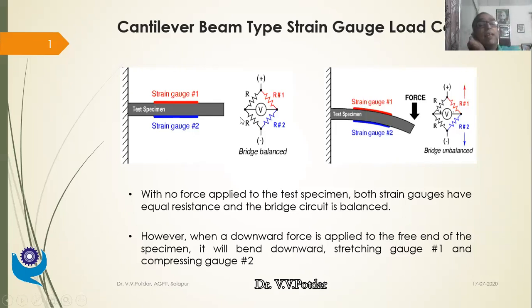Okay. Now coming to the bridge circuitry. If you recollect, in the last lecture we had said opposite natured strain gauges should be in adjacent arms. Isn't it? This is the Wheatstone bridge.